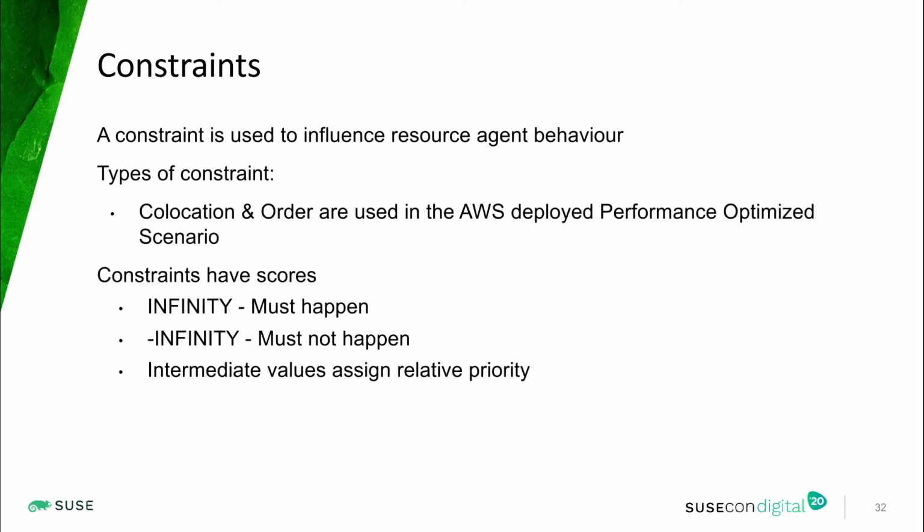The constraints are used to influence resource agent behavior. We have two constraints used in this quick start deployment. The first constraint type is colocation, and the second constraint type is order.